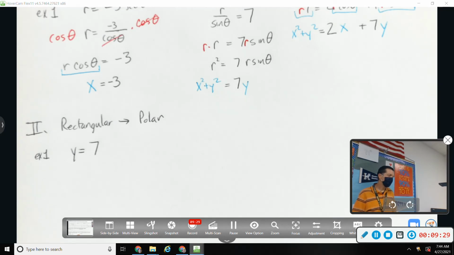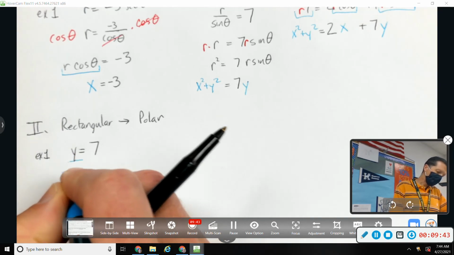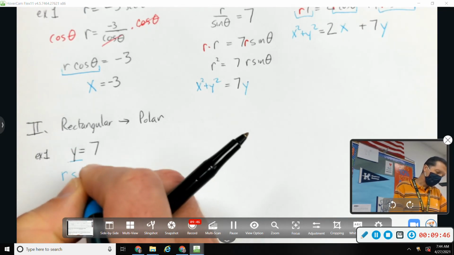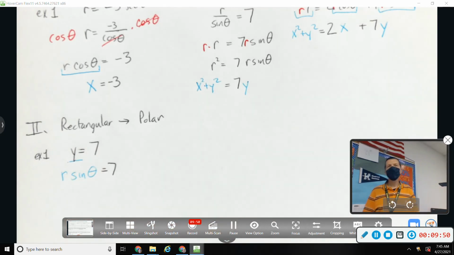There's still a couple that are a little bit weird, but most of them are pretty easy. So if we start with y equals 7, what does y equal? r sine theta. So I can replace y with r sine theta. And then I'm done. That was an easy one.